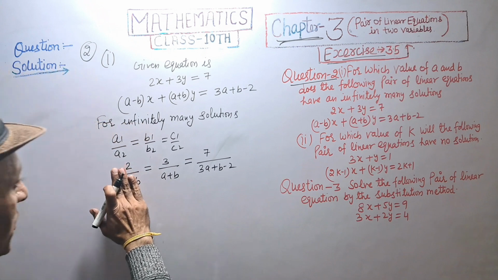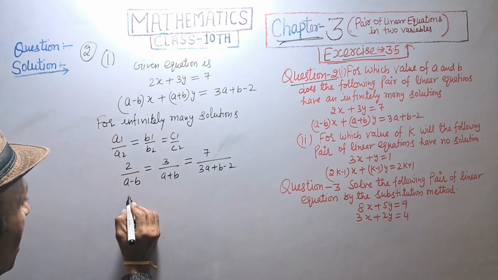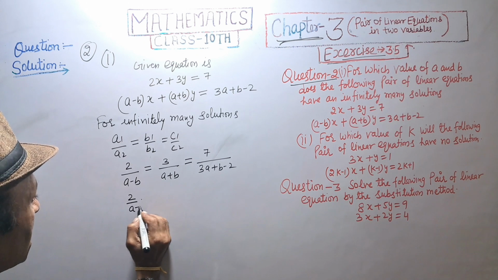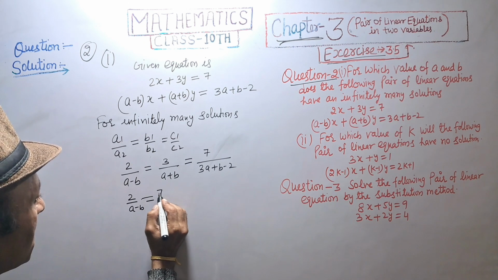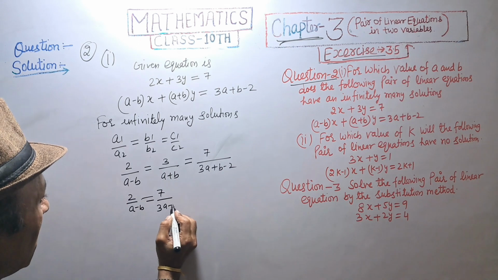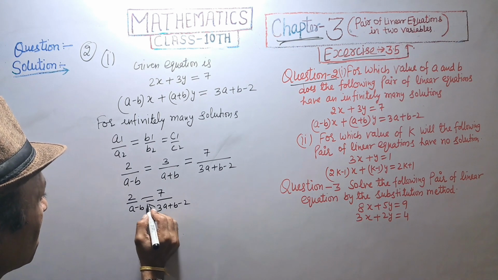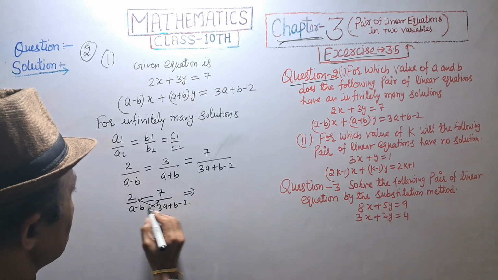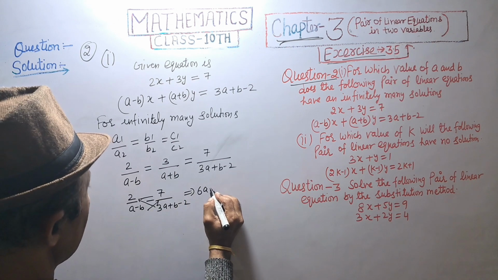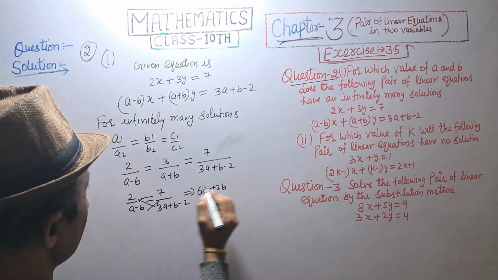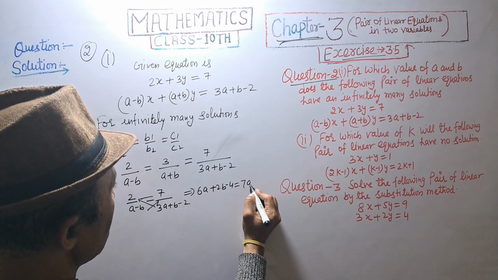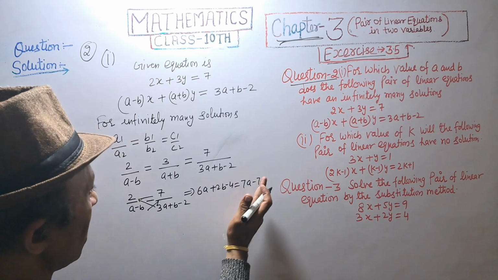and first equal to third. 2 upon a minus b is equal to 7 upon 3a plus b minus 2. Cross multiplying, this implies 3 2s are 6a plus 2b minus 2 2s are 4 equal to 7a minus 7b.